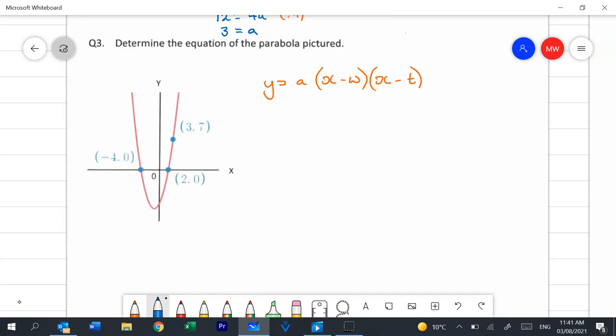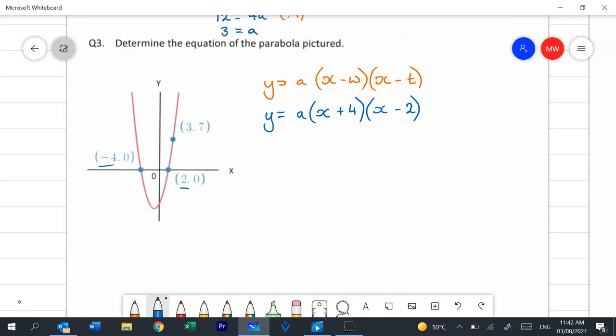So y equals, we don't know what a is. We've got a value for w now. That's this one over here, so that goes in as a plus 4. We've got another one here, so that's going to go in as t as a minus 2.